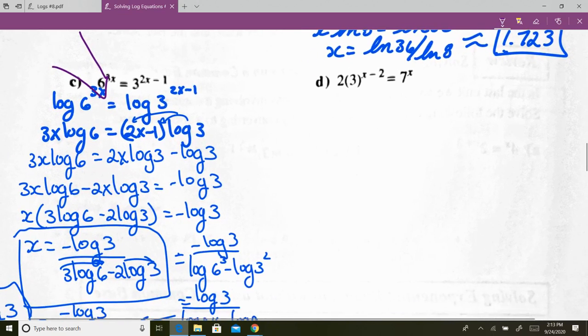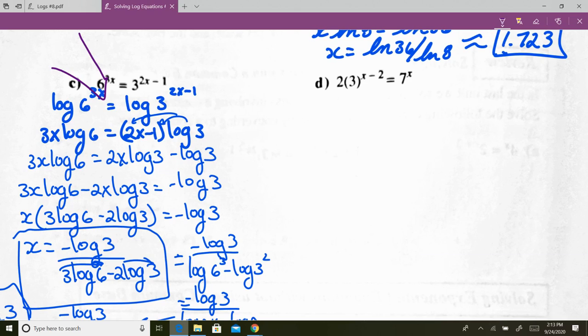Now we have 2 times 3 to the power of x minus 2 is equal to 7 to the x. What do you want to do here? Can we make them the same base? That's the first thing you should ask yourself. No, you cannot.